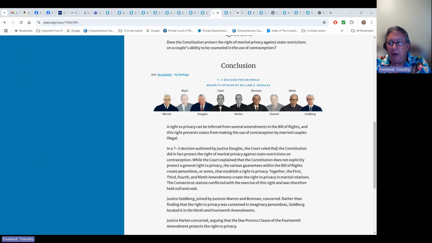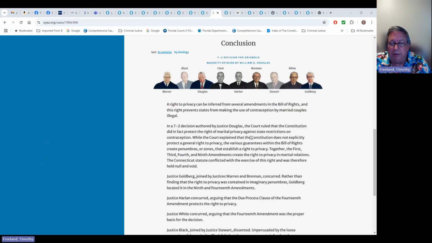They looked at a number of different areas of the Constitution, and they said that look, you have a right under the First Amendment to peaceably assemble with the people that you choose to peaceably assemble with. Government can't interfere with that.